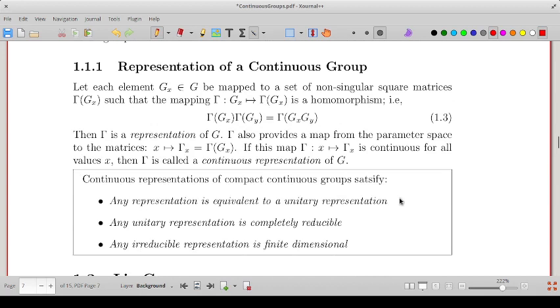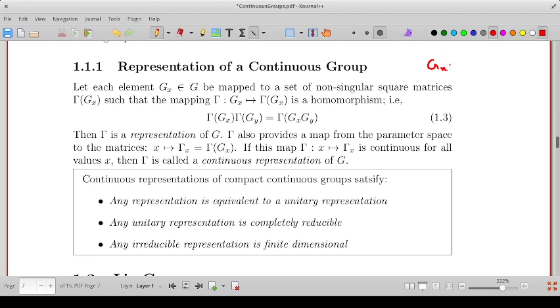We now discuss representations of continuous groups. Consider the elements Gx of a group G, where X is the set of parameter values and Gx is the corresponding group element.